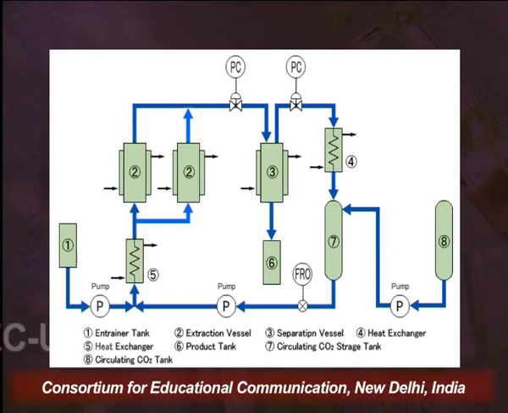The carbon dioxide exits the separator and enters the heat exchanger, where it is further cooled down and stored back into the CO2 containers labeled 7 and 8. Again this carbon dioxide is recirculated through the heat exchanger into the extraction vessel, and the whole process continues. So this is how the supercritical fluid extraction process takes place.